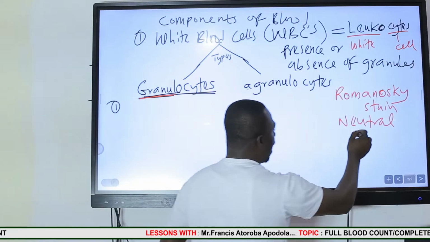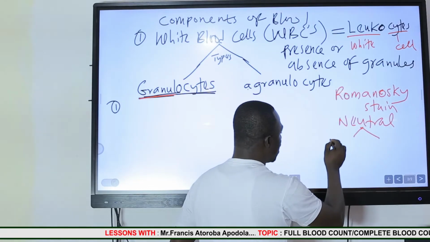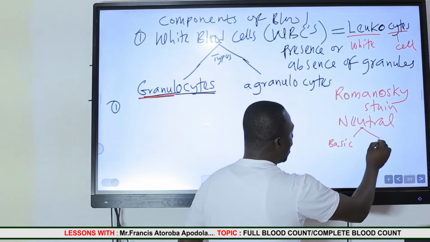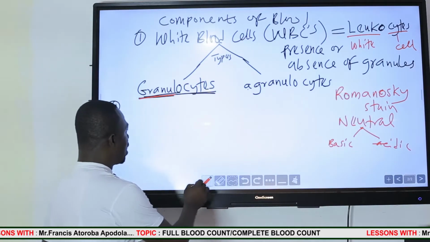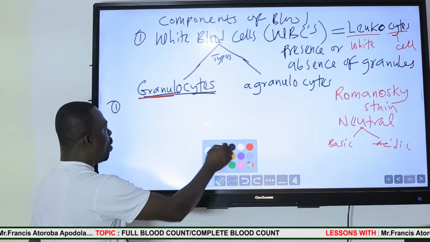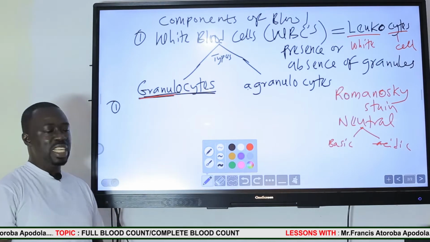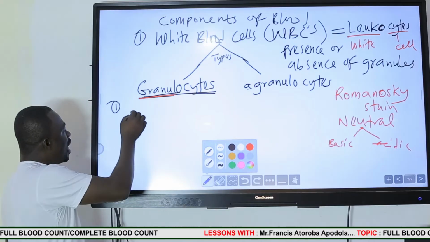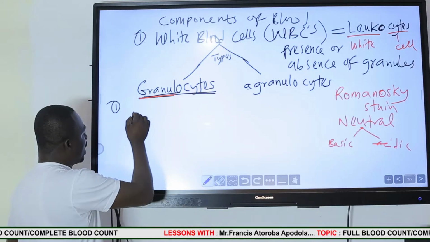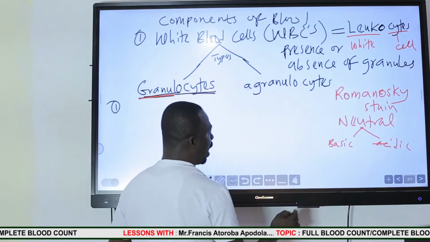A neutral stain has two components: a basic component and an acidic component. So the scientists discovered that there were some granulocytes whose granules were attracted to the basic part of the dye.